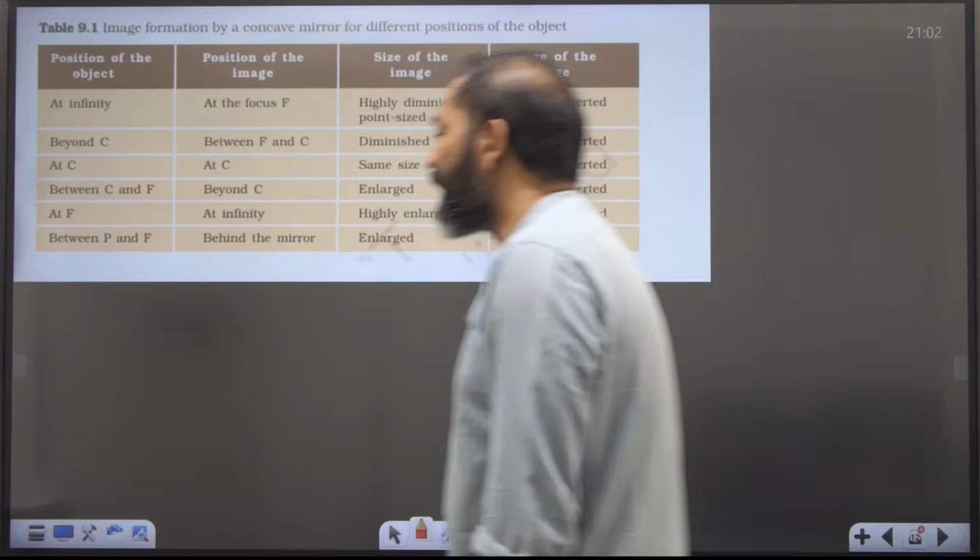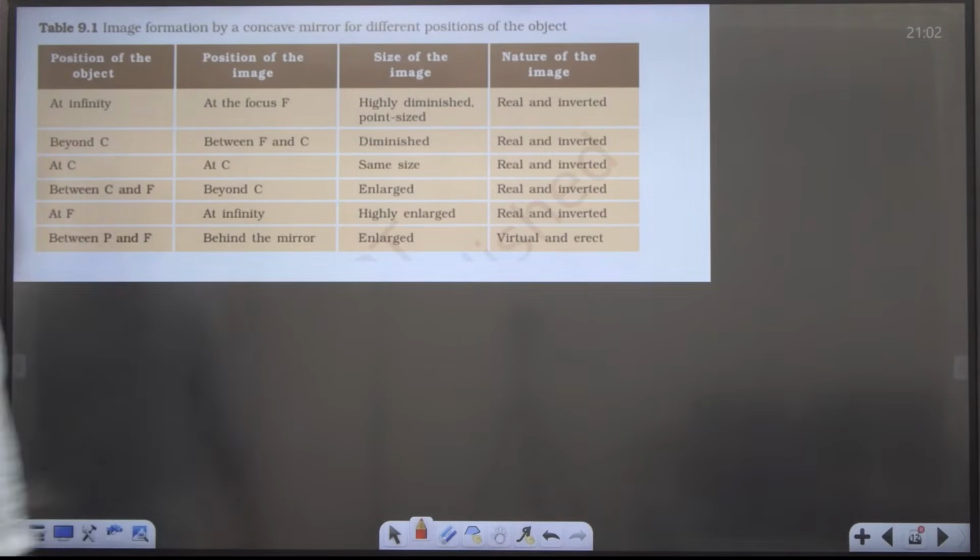So all the cases we have discussed so far are shown here. First case, the object is at infinity, and the image is formed at the principal focus. What is the size of the image? Highly diminished, point sized. What is the nature of the image? Real and inverted.